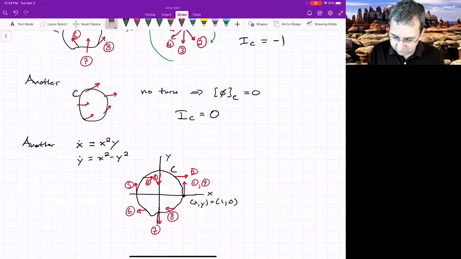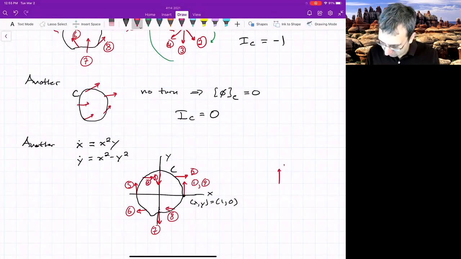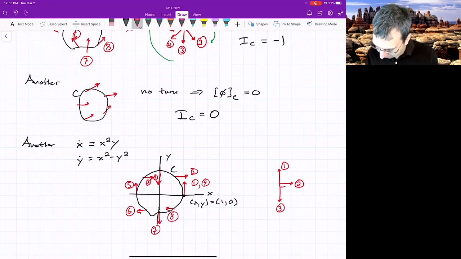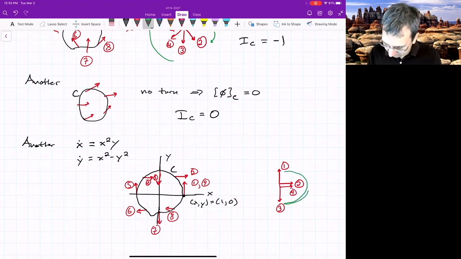Put them end to end, we get, so this is 1, and then 2 is over here, and then 3. But then it seems to reverse course back to this direction, 4. So it looks like we went this way, and then now we're going back.